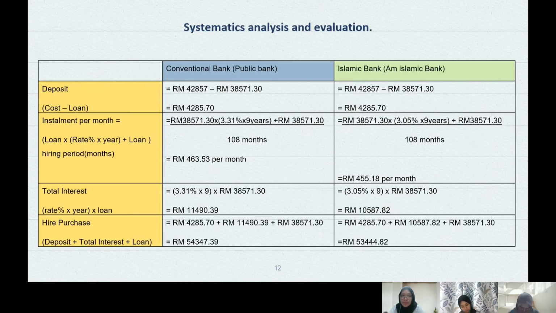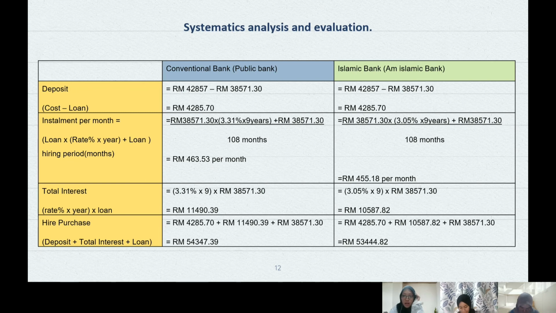For the systematic analysis and evaluation, we do some calculation between the conventional bank and the Islamic bank.